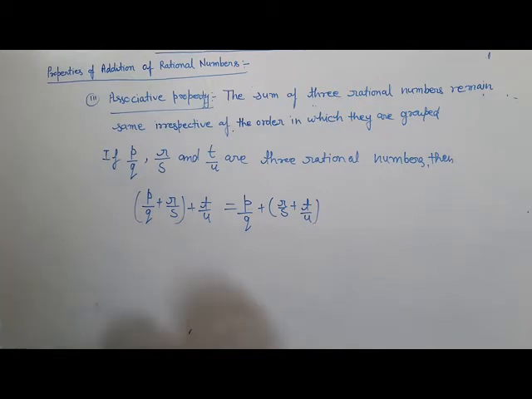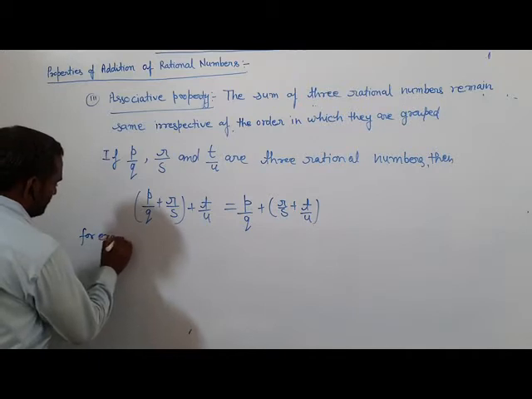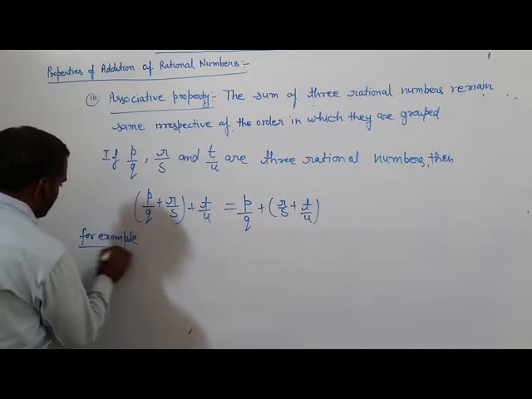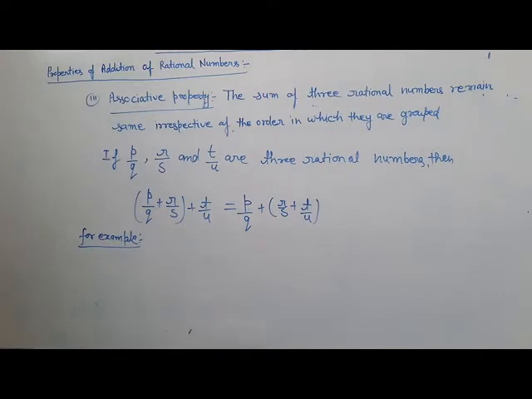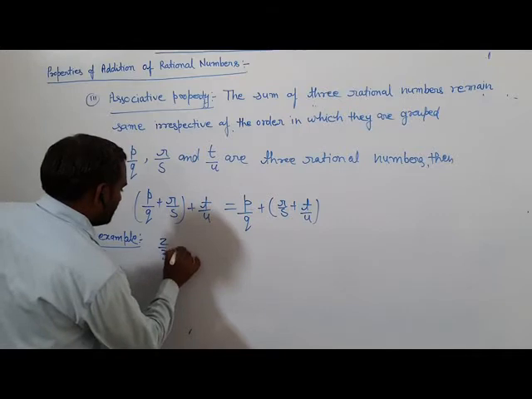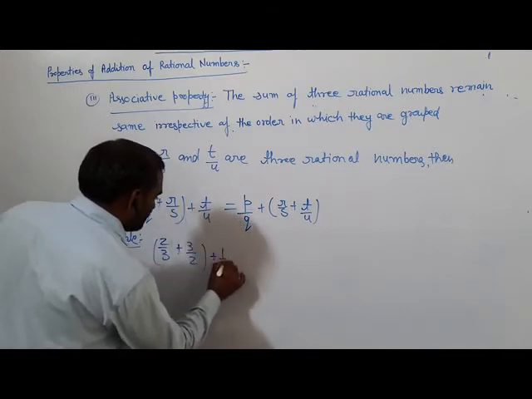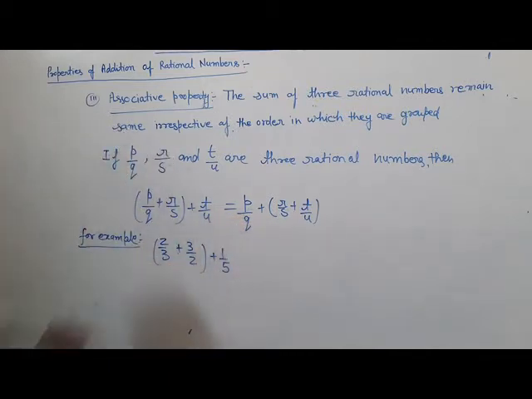Take an example. For example, first rational number is 2 by 3, second rational number is 3 by 2, and third rational number is 1 by 5.